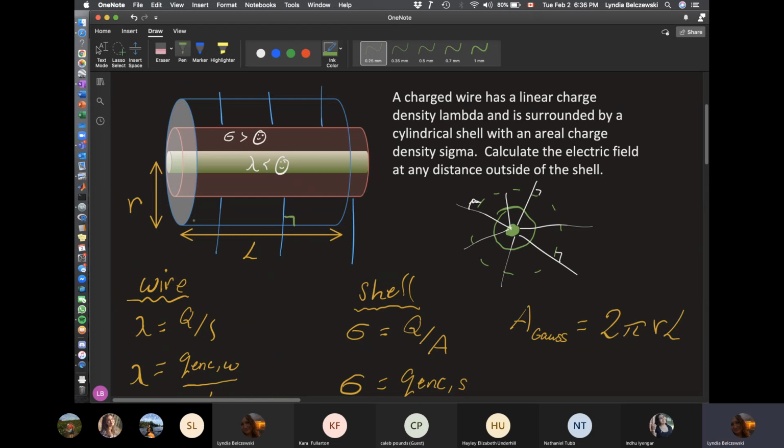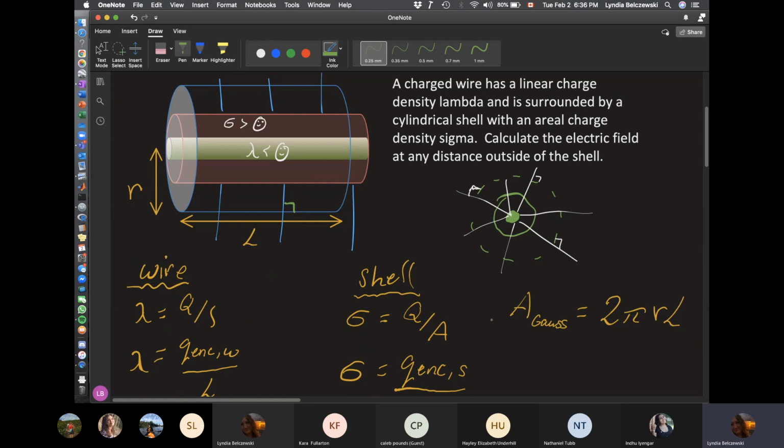Oh, okay. So they're asking, don't you need the radius of the sleeve to find the area and come up with the charge from the sleeve? No, actually, you don't. And here, I'll explain why.